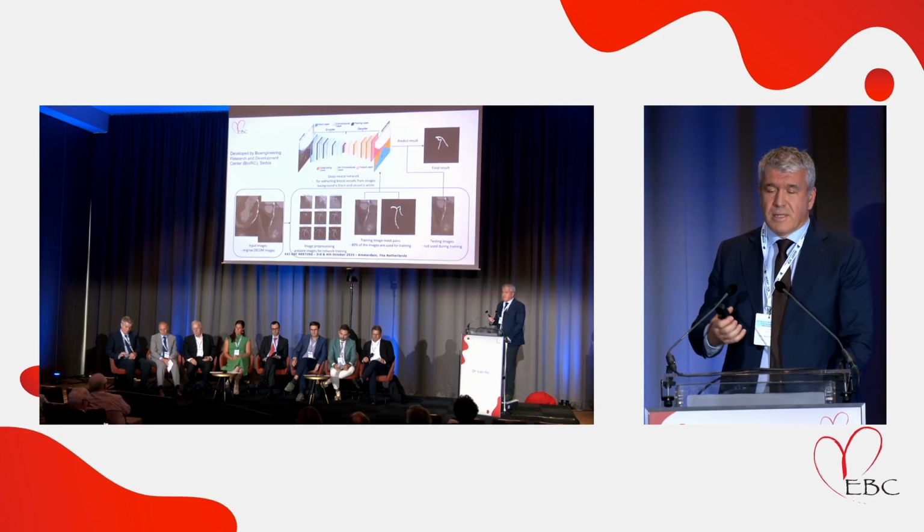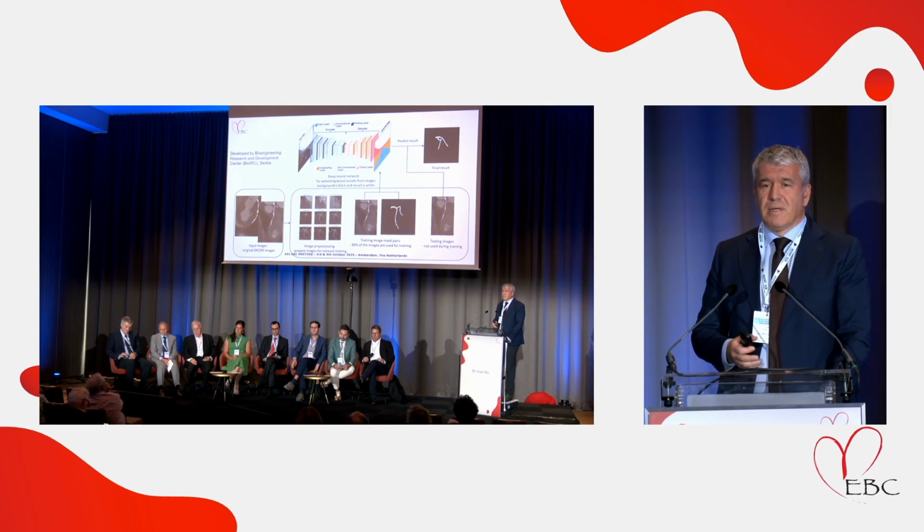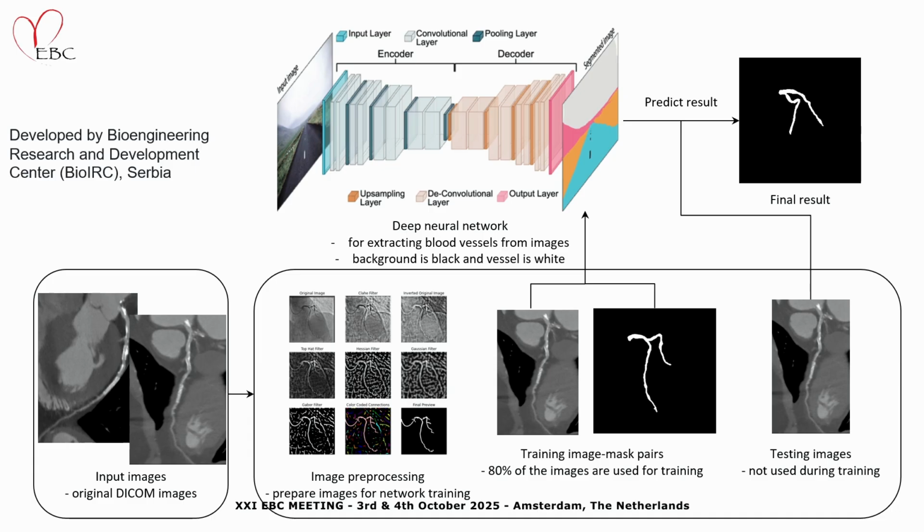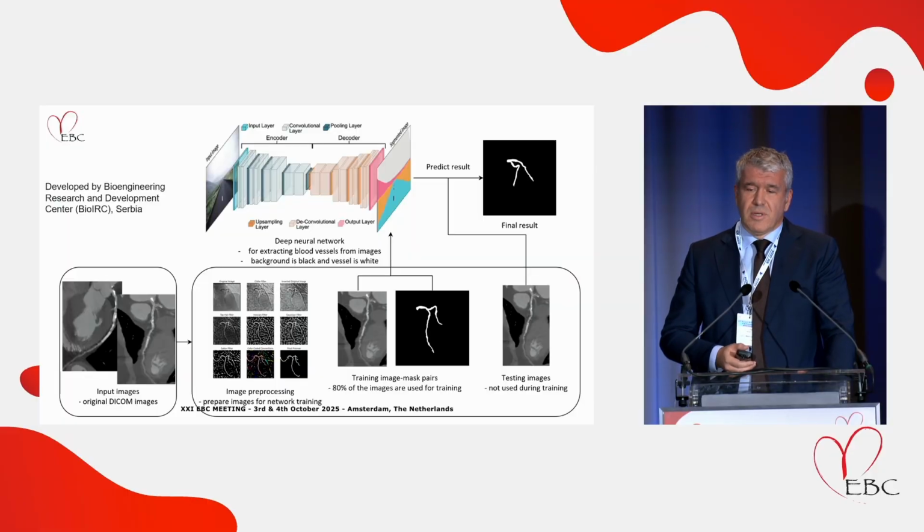And this data will be introduced into a deep neural network model that will be used to extract the data about the vessels from the CT and then further translated into the model that can be analyzed and used to feed the model and train it, and then further allow training of the interventionalist.